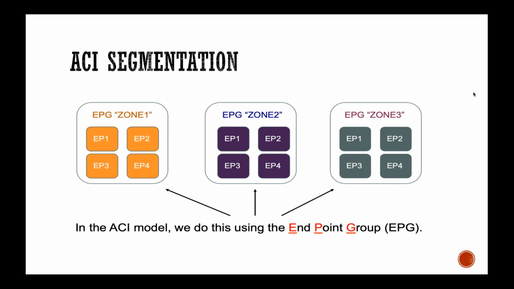Maybe some in zone 1, some in zone 2, with different networks. So it can be possible either way around. You don't need to have endpoints of the same network in one EPG. So like all web servers, they may belong to the same network or to different networks, all are going to be part of EPG1.